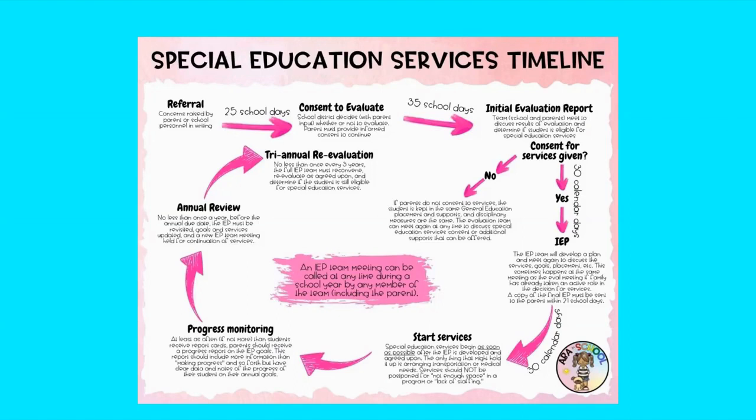Then you have the annual review, which means that the special ed teacher, the administration, and the parent will meet once a year to discuss the IEP. And then every 3 years, there's a reevaluation conference where you sit down and review all of the data in the IEP to determine whether a reevaluation for the student is necessary.